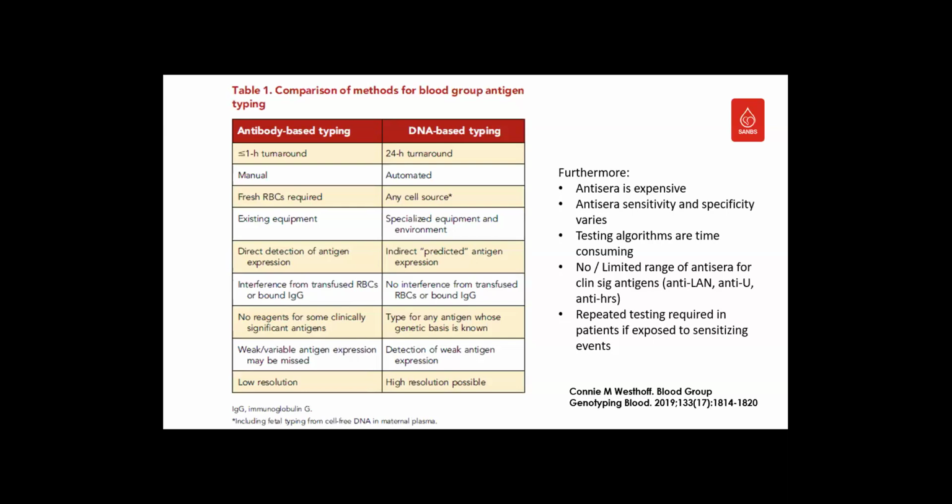This issue, obviously, we don't have for DNA-based testing. Obviously, sensitivity of the serology is an issue, specifically if we deal with weak or variable antigen expression, and you may miss some antigen types. This is not a problem for DNA-based typing.